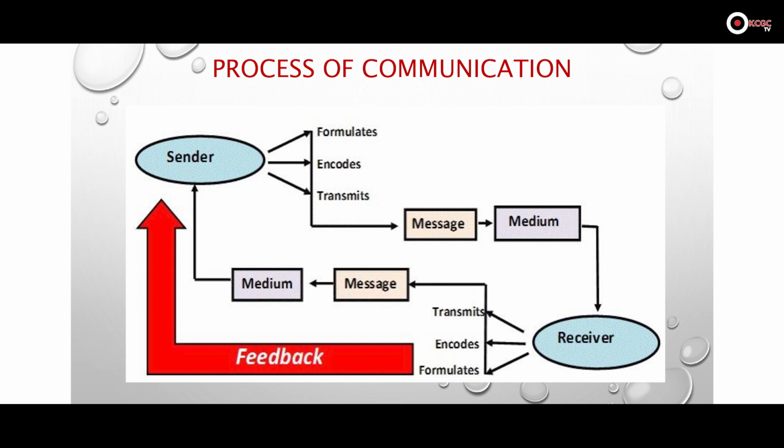And from the receiver, it is sent back to the sender. And this whole thing we call a cyclic process. Why do we call it cyclic? Because the information, once it is encoded and sent to the receiver, it is decoded, the code is broken down, and it is sent back to the sender again.